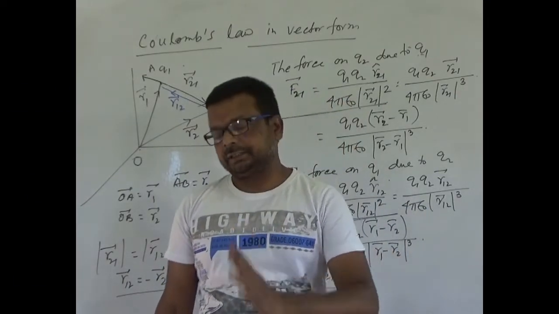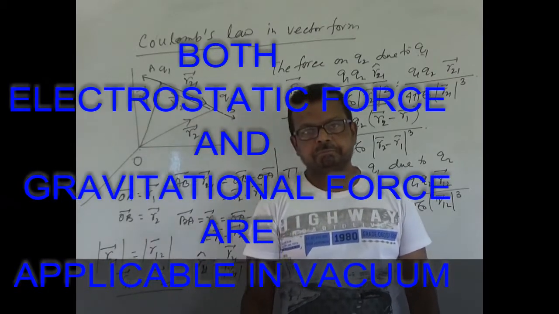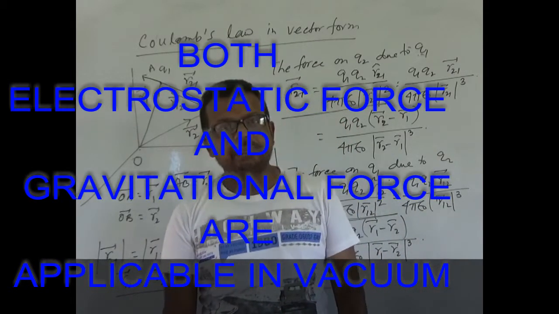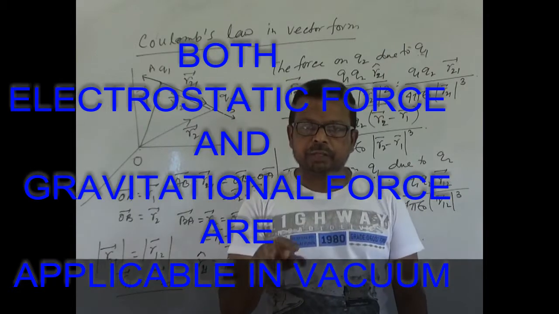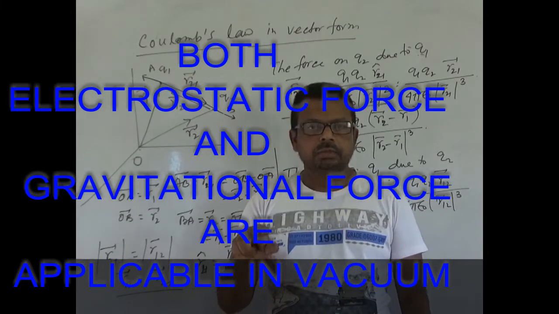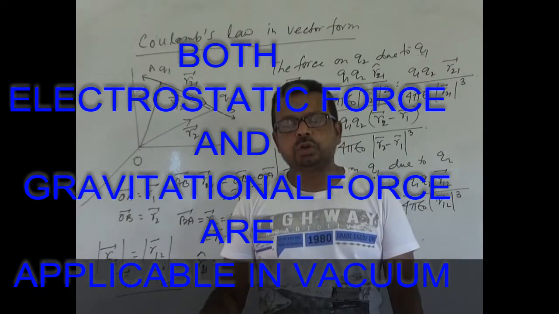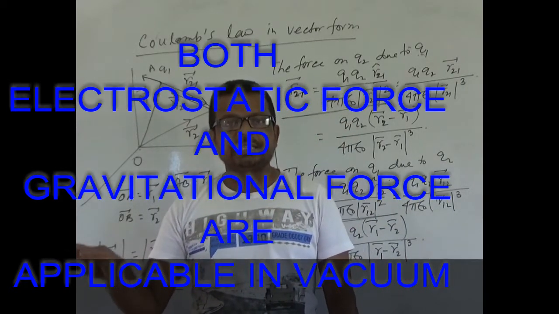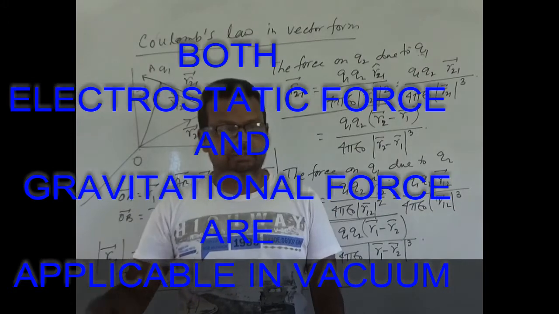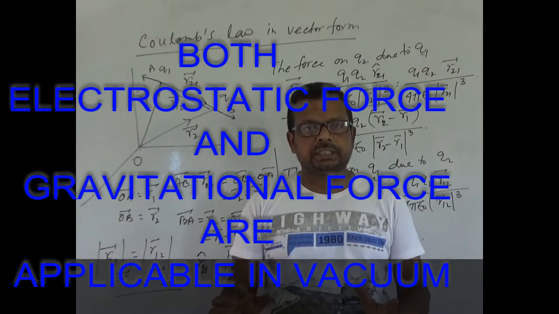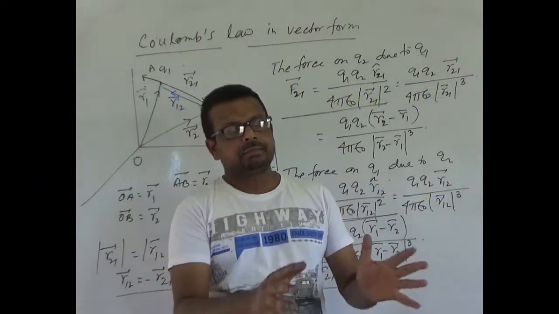Both the forces act in vacuum. That means if 2 charges are in vacuum, electrostatic force comes into play, and if the 2 masses are in vacuum, there is a gravitational force. That means both the forces act in vacuum.